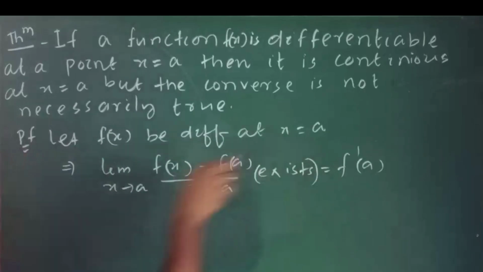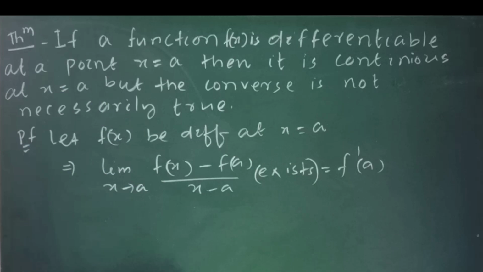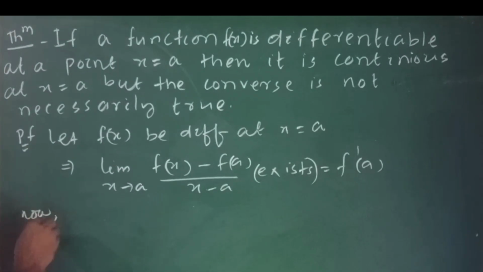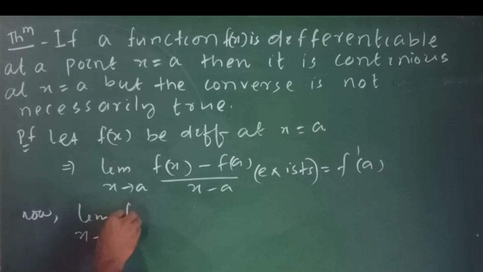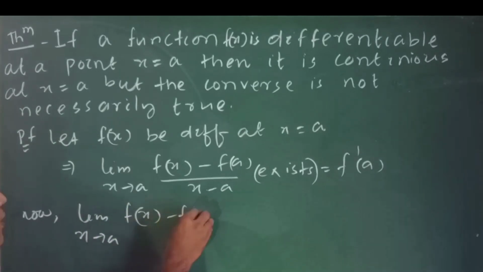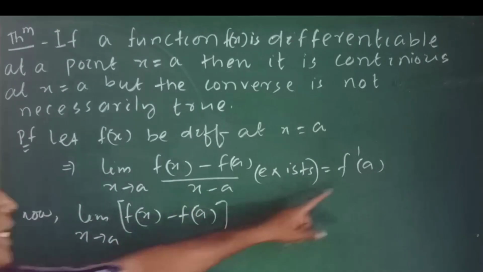This exists and this is equal to f dash a. The formula for f dash a is this much, we have already discussed.